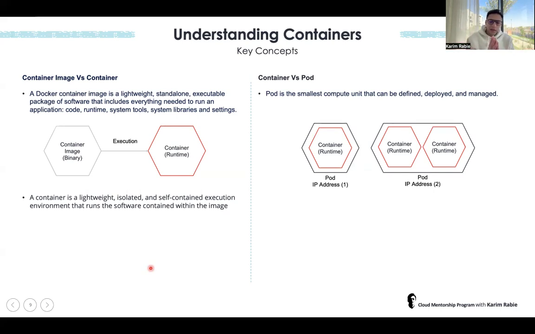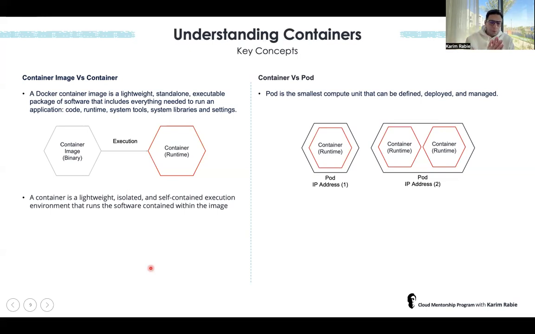So for the CNF, the starting point is actually the container image, where we have the code and runtime and some tools packaged in a container image. When this container image is executed, when you run this container image, you get the container. You get the container runtime, or you get the app, you get the logic. Okay?